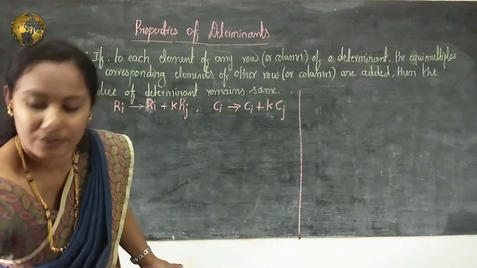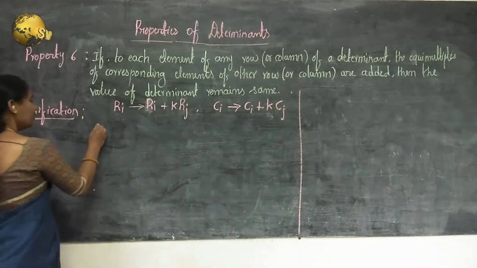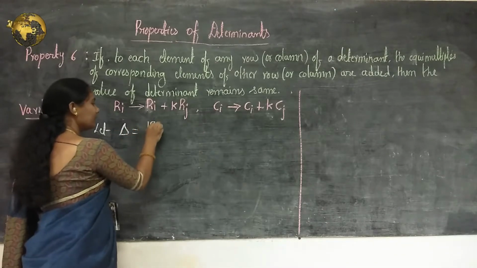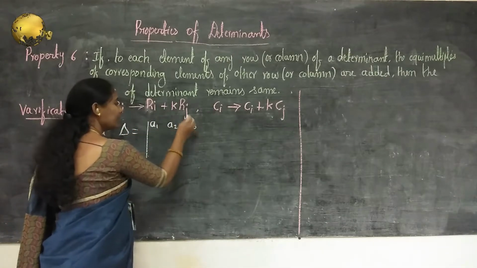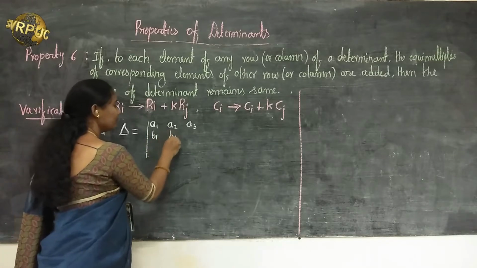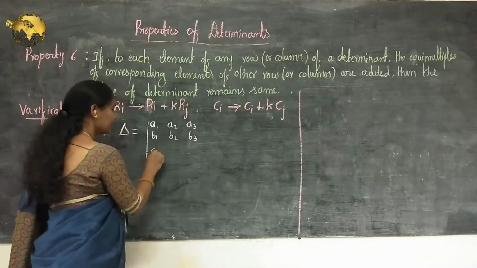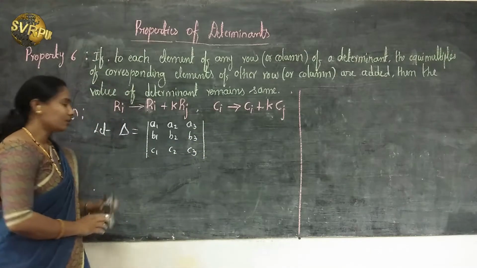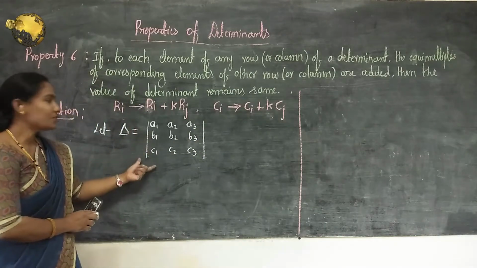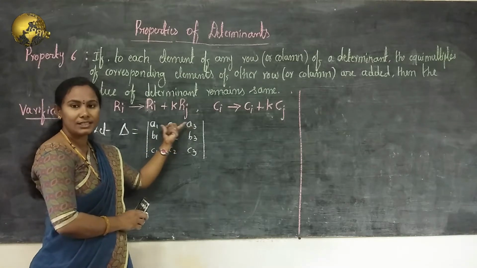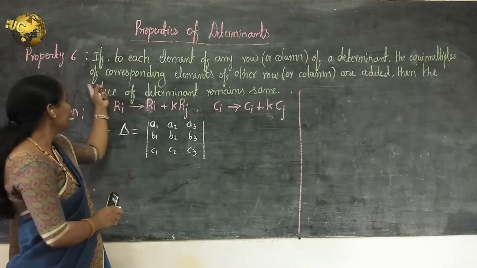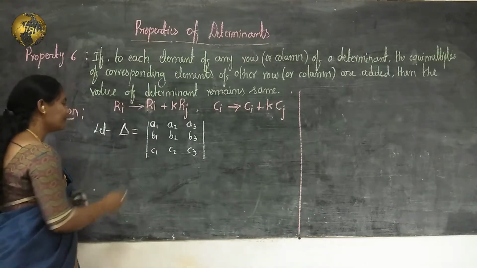So as usual, let delta be equal to the determinant with rows A1, A2, A3; B1, B2, B3; C1, C2, C3. Here I'll change the first row in the form of equi-multiples of the corresponding elements of another row.